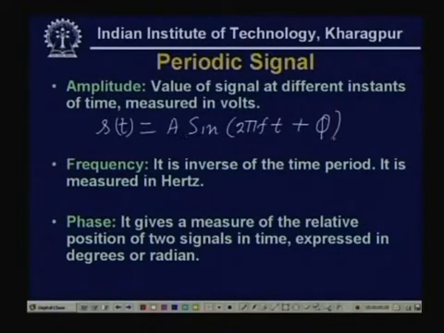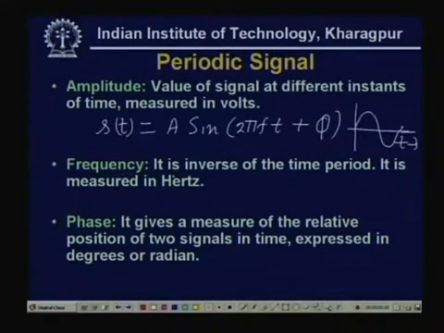This is the representation of a sine wave, and as you can see here, A is the peak amplitude, and obviously with time this amplitude varies. For example, as you have seen earlier, it varies like this. Although this is the peak amplitude, with time it is varying because of this factor multiplied with it. So the amplitude varies with time.